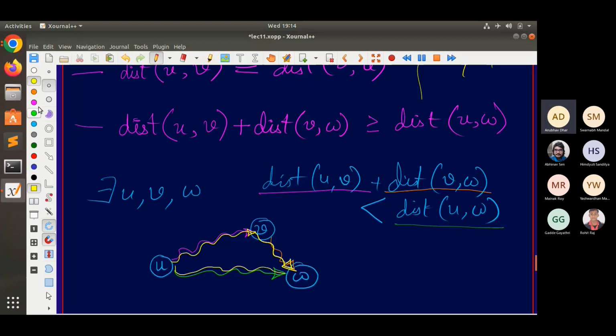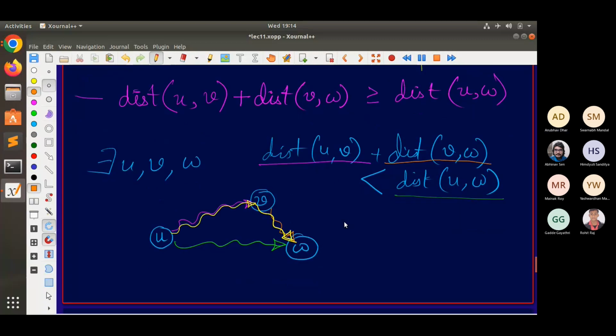So you have a contradiction. So that means that this green path can no longer be my shortest path. The shortest path would rather be from u to v and then from v to w. Does that make sense?